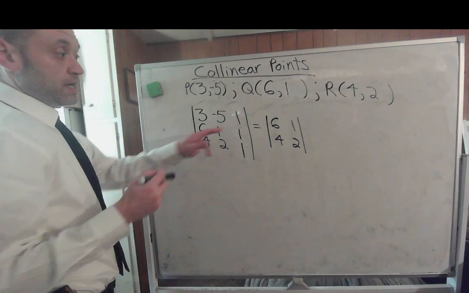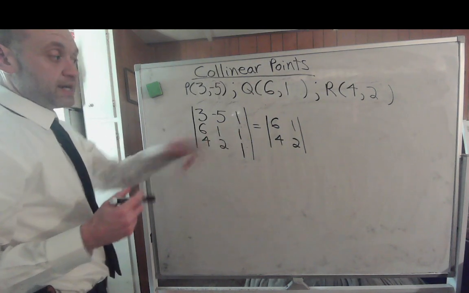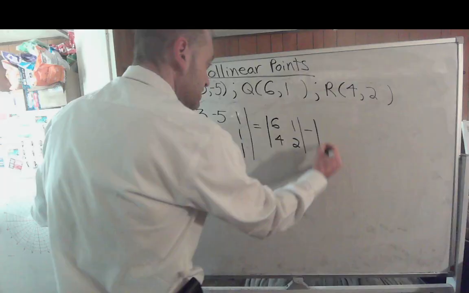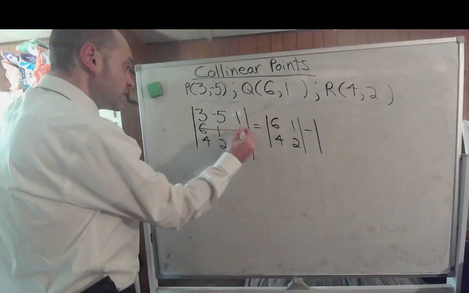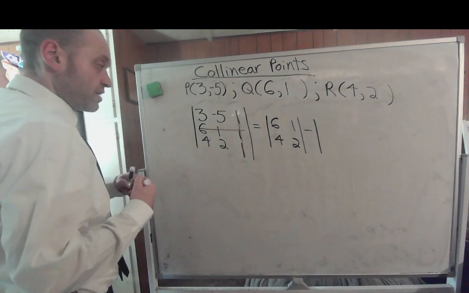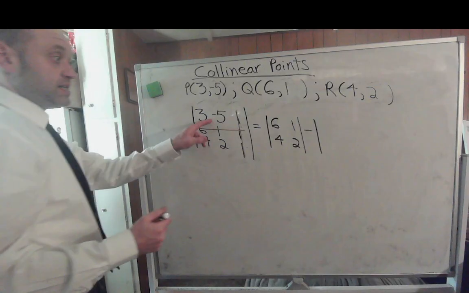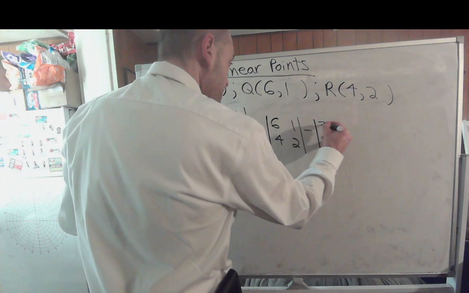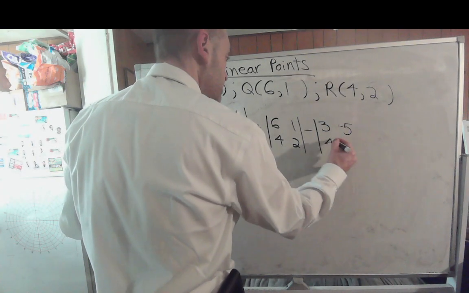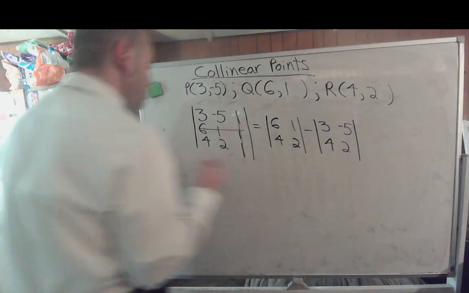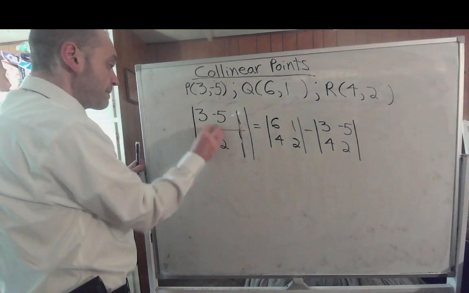The next one in the second column, that'll be minus the resulting determinant of what's left when we strike out that row and column. So the resulting determinant is 3, negative 5, 4, 2. And we should have one more determinant.